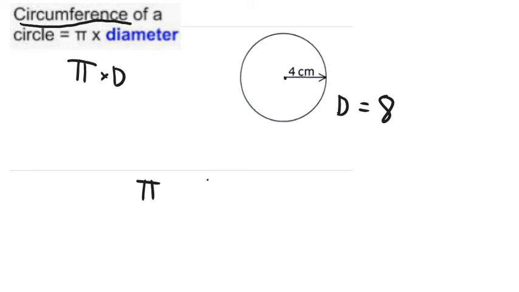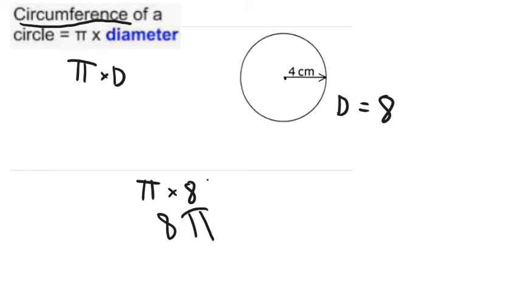So if I'm to work out the circumference of this circle, I'm going to just do pi multiplied by 8, and then you can just put it into your calculator. Your calculator will just give you 8 pi when you put it in first. That doesn't really help you because it's basically the same thing, but that is actually your answer in terms of pi.